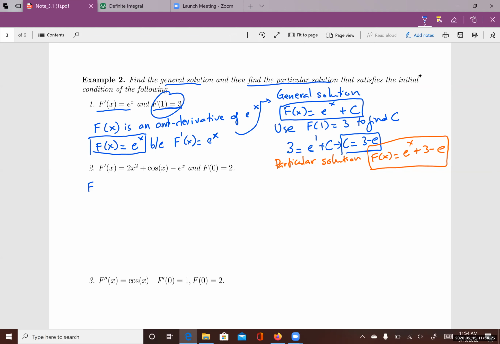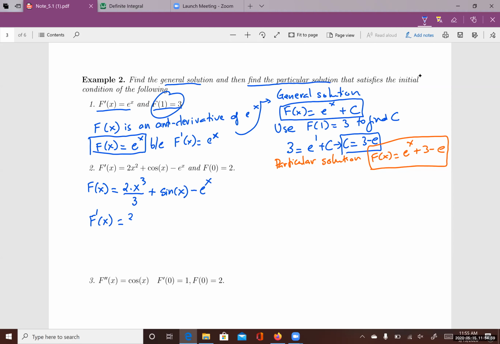Again, in order to find f of x, you just find the antiderivative of this function here. The antiderivative of 2x squared is 2 times x cubed divided by 3. The antiderivative of cosine should be sine, because the derivative of sine is cosine, and the antiderivative of e to the x is e to the x. You can check whether your antiderivative is correct by finding the derivative of big F of x.